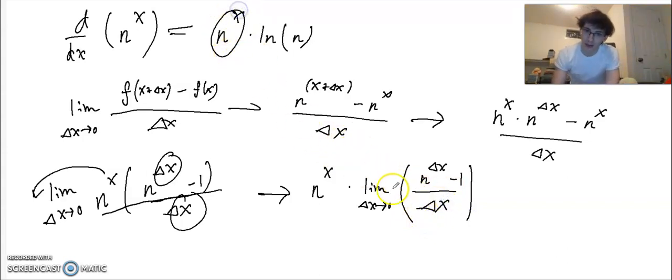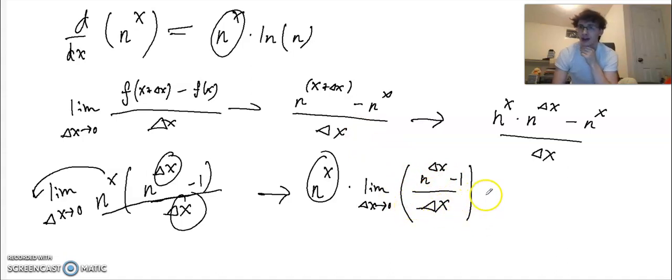So, we kind of proved this part right here, n to the x. And then we still have this limit. And this is where I say the proof gets a little ugly, because I actually don't know the rest of this proof. I don't know how to evaluate this limit very well.